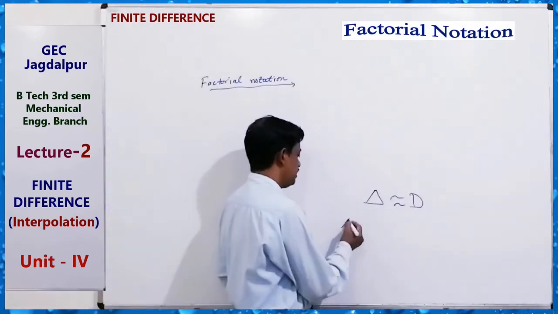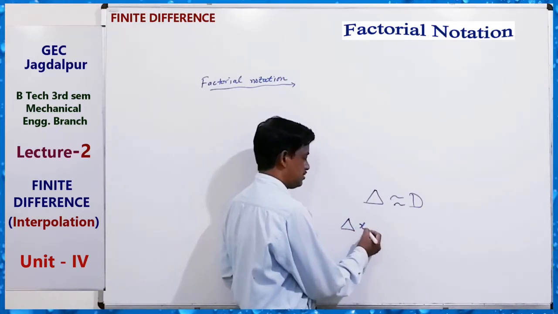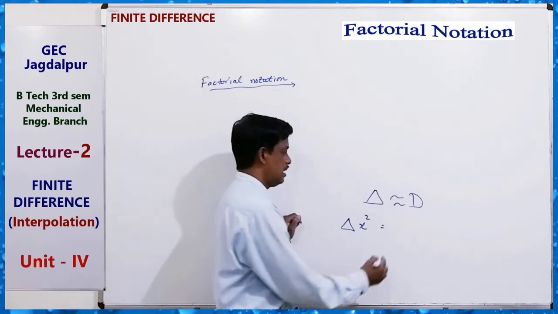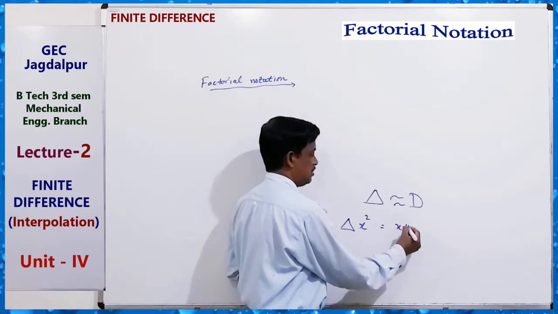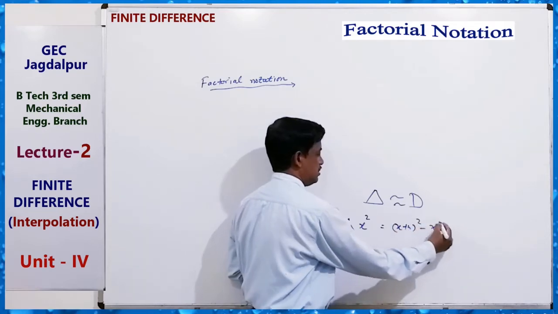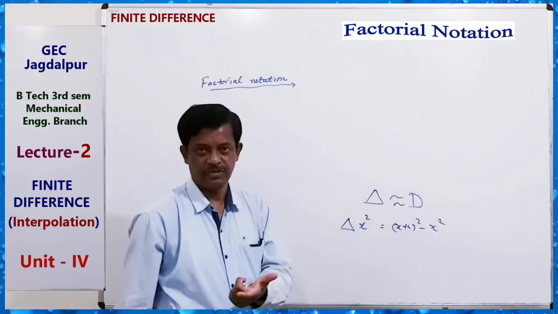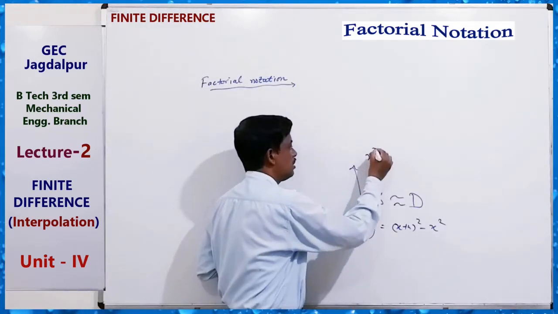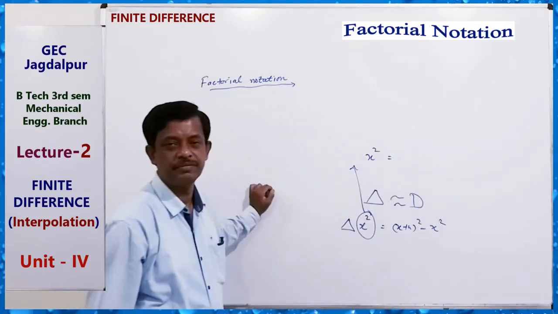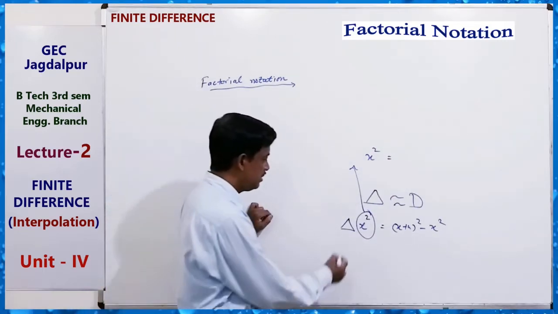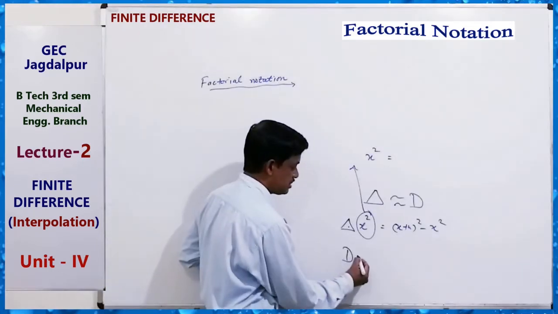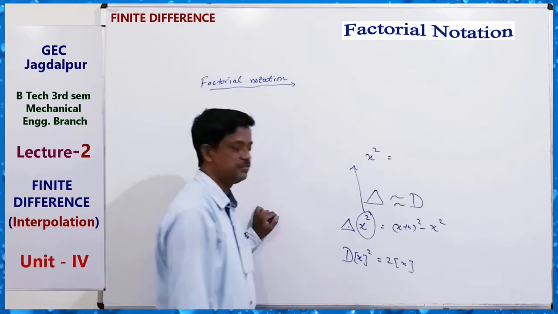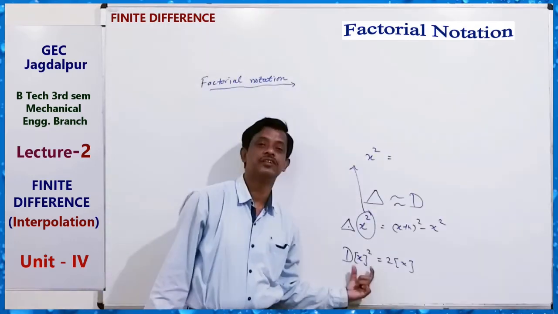Just like for x square, we can find x plus h square minus x square. But if this x square is taken in factorial form, then del works as differentiation of this. This is known as factorial notation.